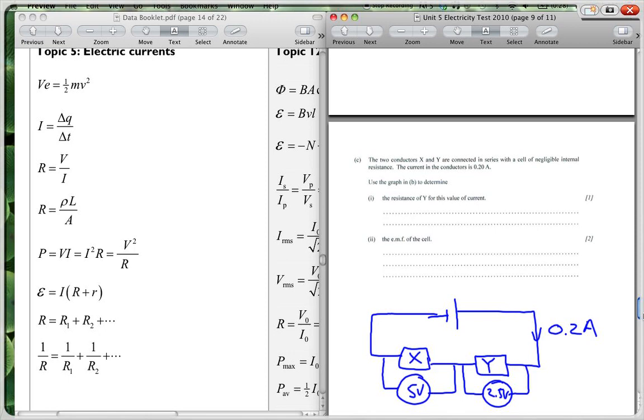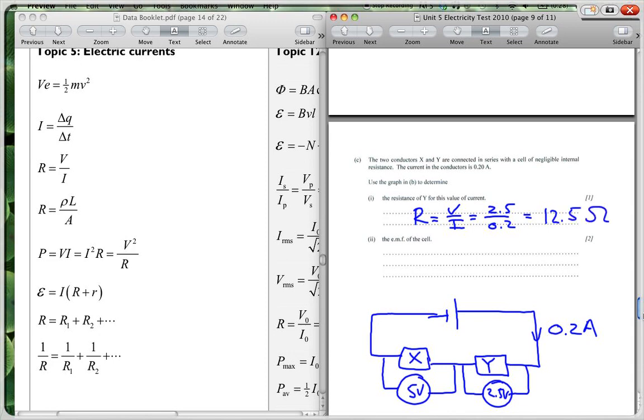So the resistance for Y, R equals V over I, would equal 2.5 divided by 0.2, and that will equal 12.5 ohms.